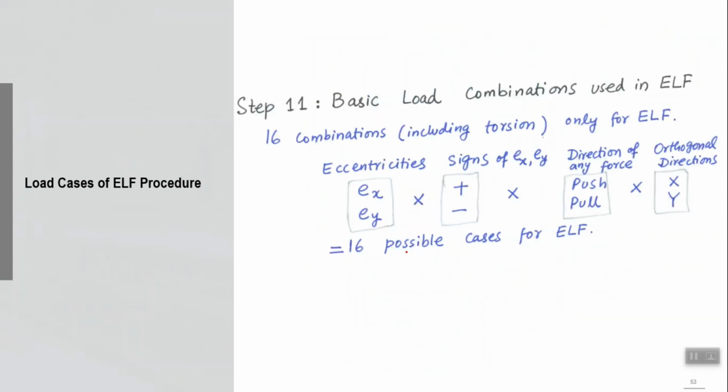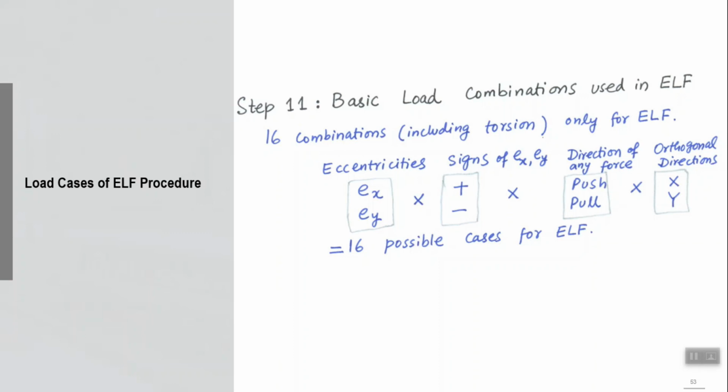So, it is like 2 directions of eccentricities multiplied by 2 signs of those eccentricities, multiplied by 2 further positive and negative directions in one particular direction, and multiplied by the 2 main orthogonal directions x and y. So, this will give you 16 possible cases for ELF.